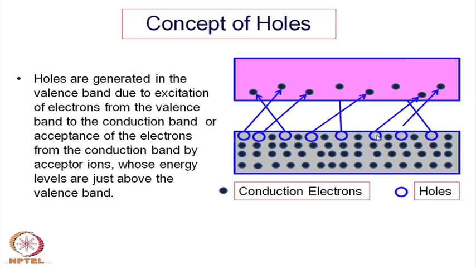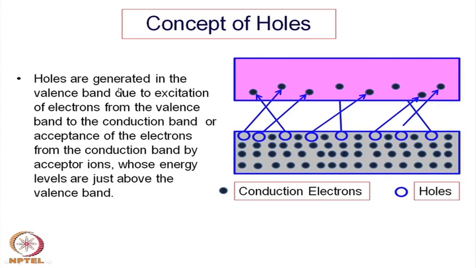These are called the electron holes. So, it is basically a vacant site left over by the electrons which have been excited to the conduction band. It is basically a vacancy of electrons. So, that is the concept of the electron holes.